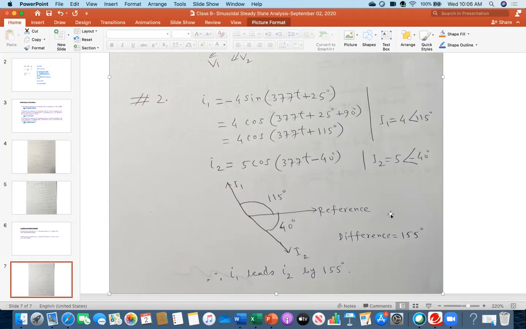Whenever it is an AC quantity, leading, lagging, phasor, impedance, reactance, susceptance, those terms will never release you. You cannot avoid those terms and concepts. They will be an integral part of your life as an electrical engineer. I believe everybody understood.